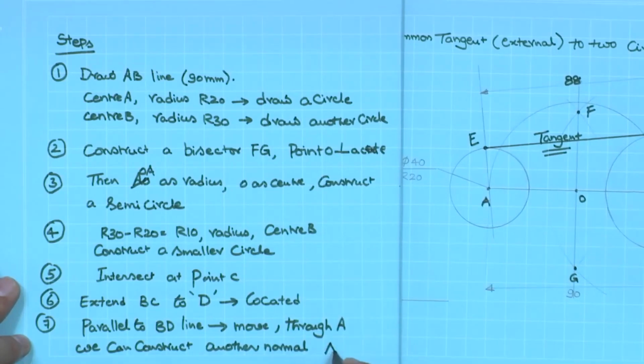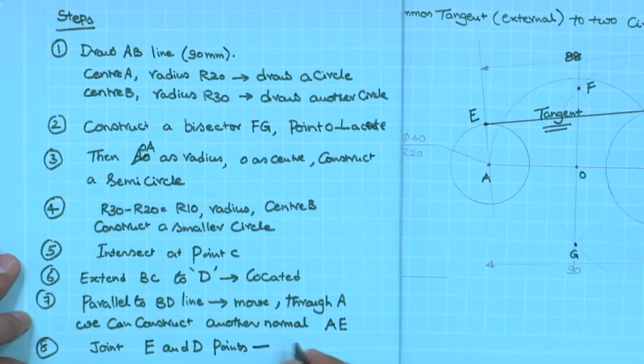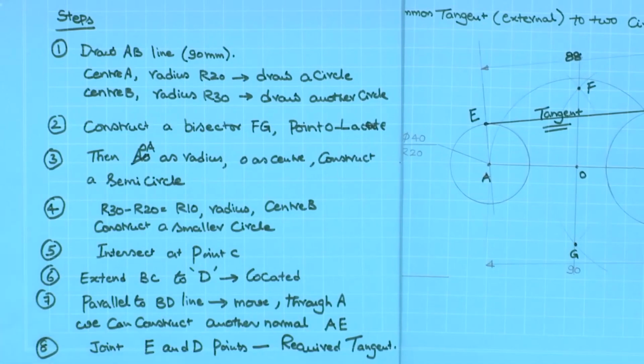That is AE. So, finally join E and D points, and that is the required tangent. This is the way we construct a tangent for two circles.